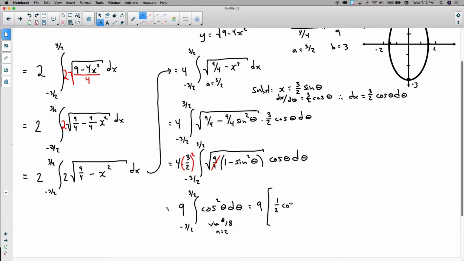This becomes a cosine theta times a sine theta plus, and this becomes another half, but it's the integral of cosine 0 theta d theta, running from negative 3/2 to 3/2.